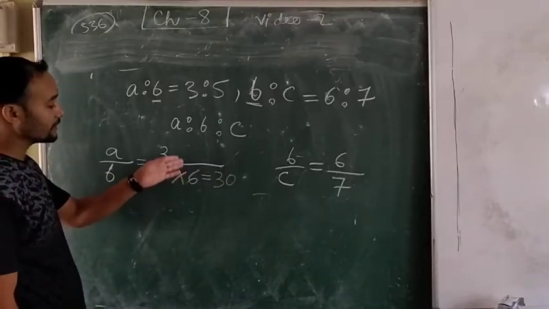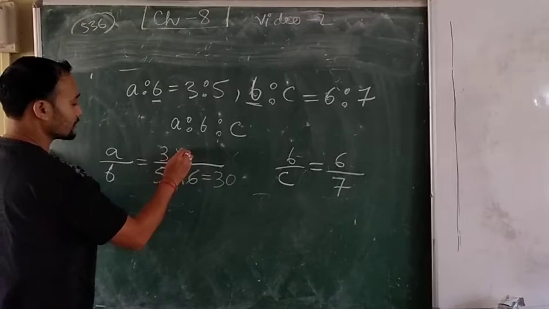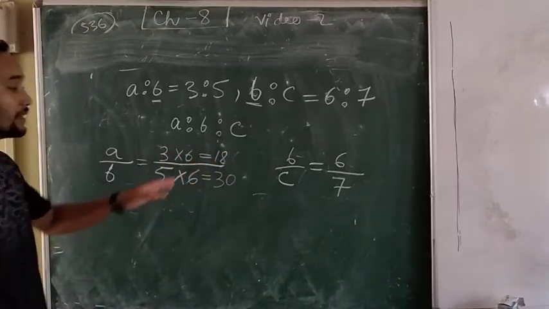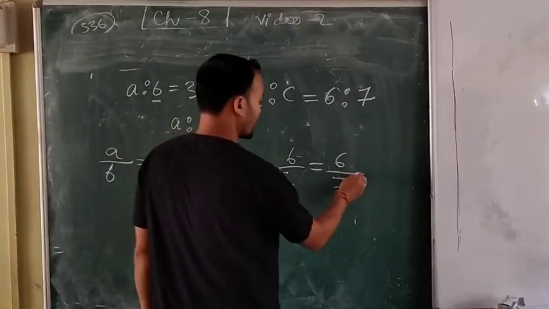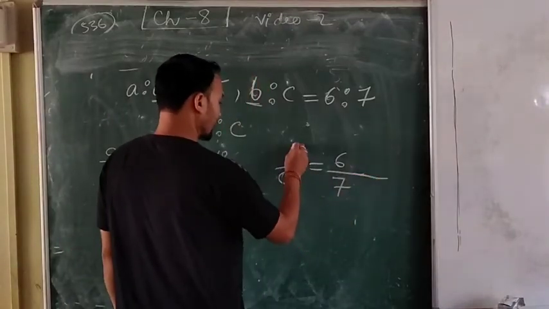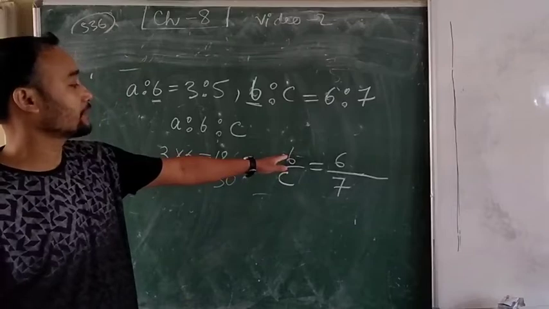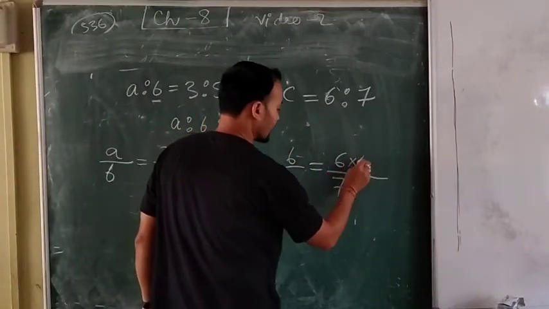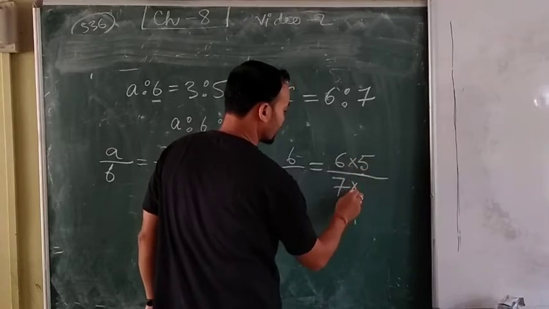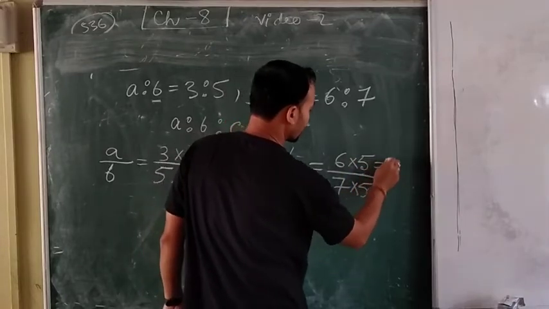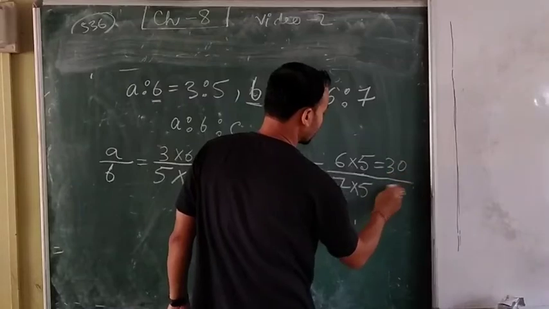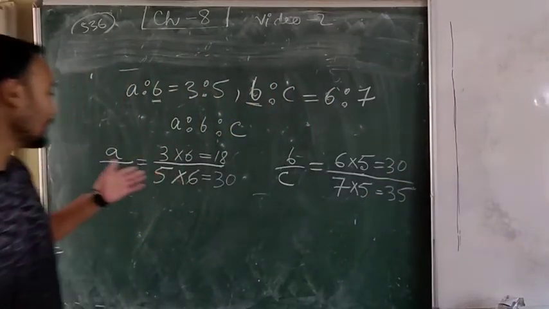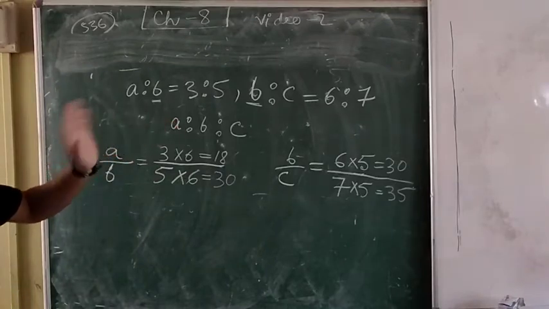So we have to multiply this number with 6 also. It is becoming 18. Fine. Come to this number. Now see, in order to make this 30, we have to multiply it with 5. So I am multiplying with 5 here. It is becoming 30 and it is becoming 35. Now see, in both the cases the value of B is the same.